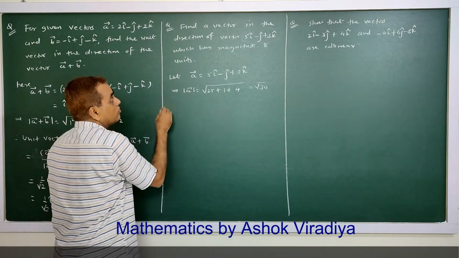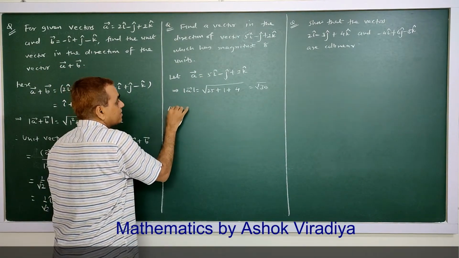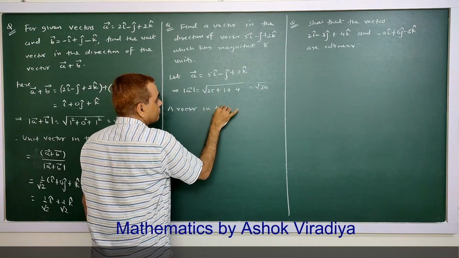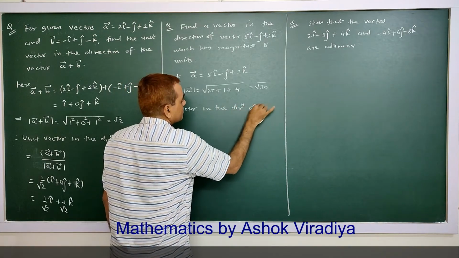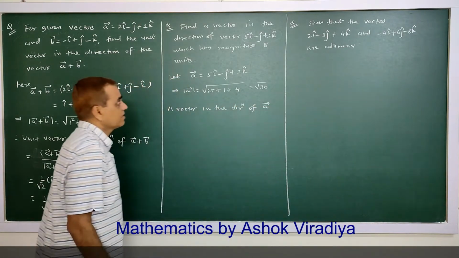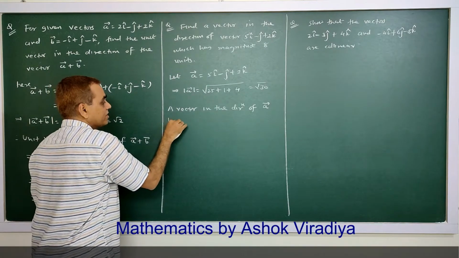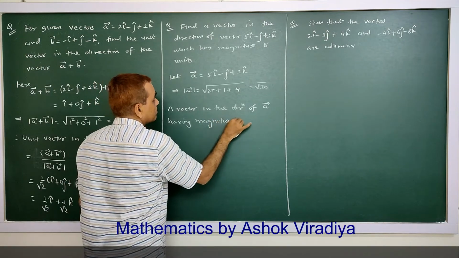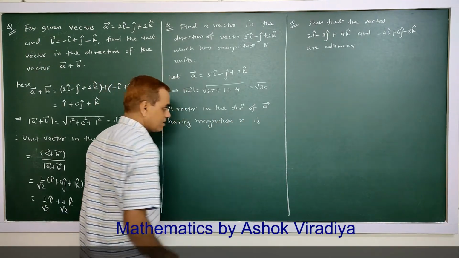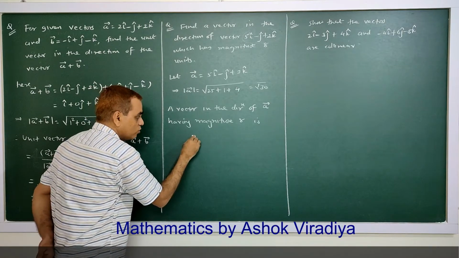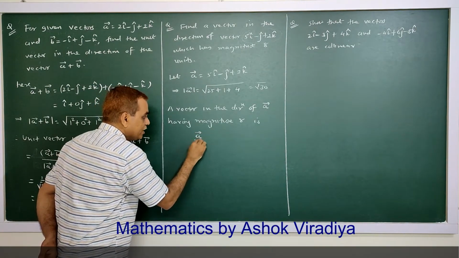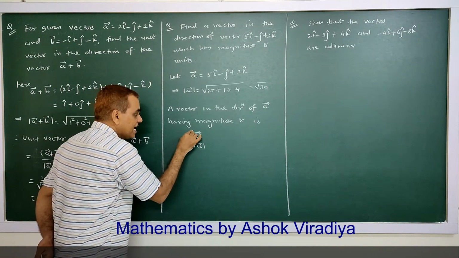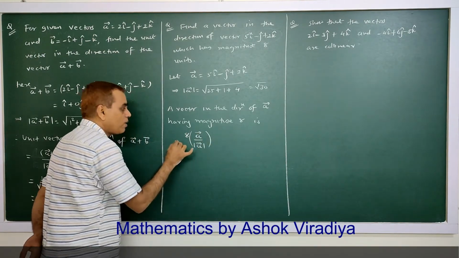So required vector, a vector in the direction of given vector A having magnitude 8, is equal to multiplying unit vector in the direction of vector A with 8, we can obtain required vector.